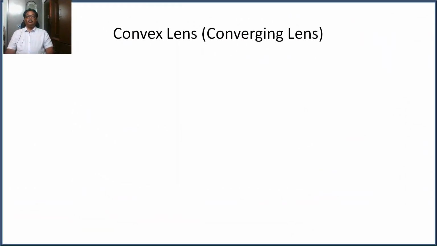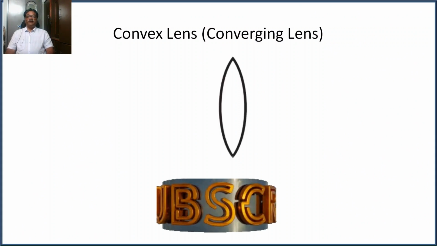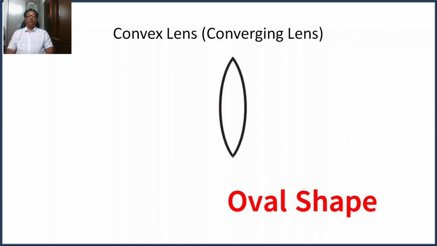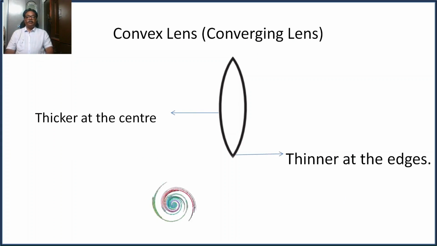Convex lens, also called converging lens, is like this, an oval shape. It's thicker at the center and thinner at the edges.